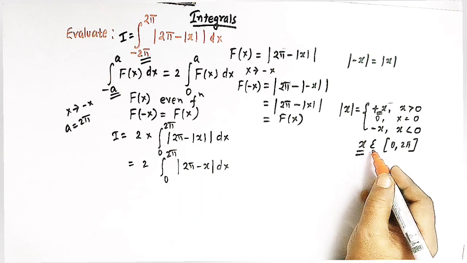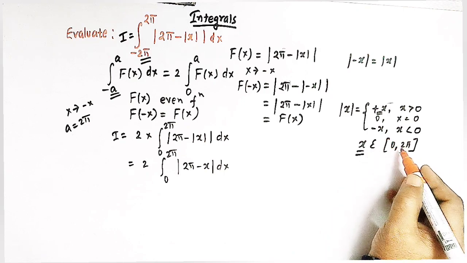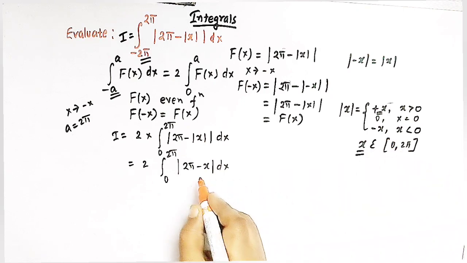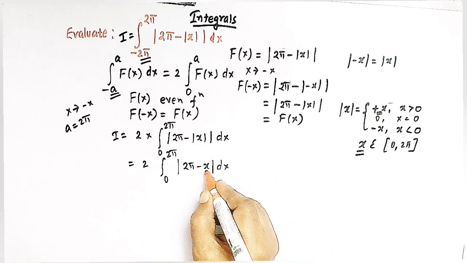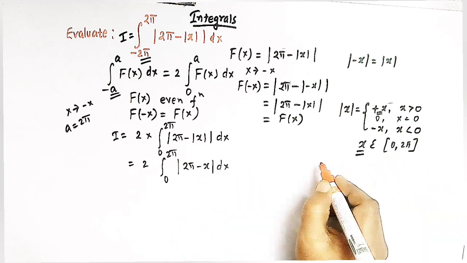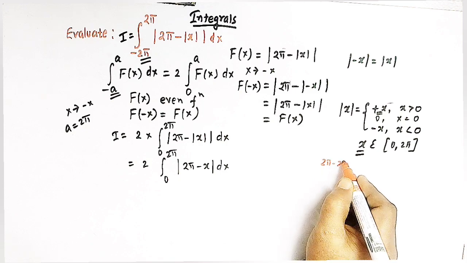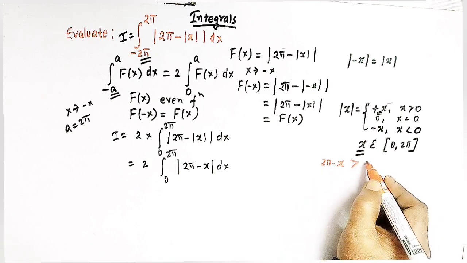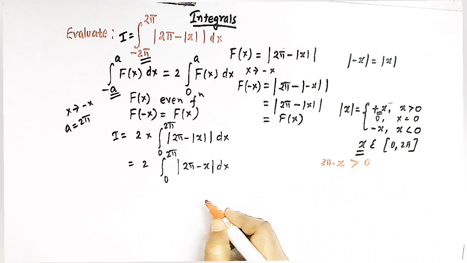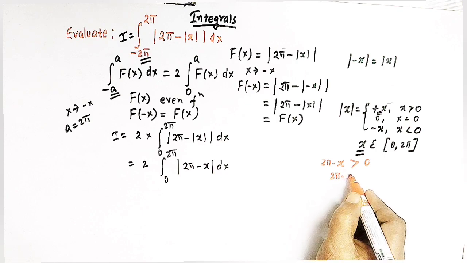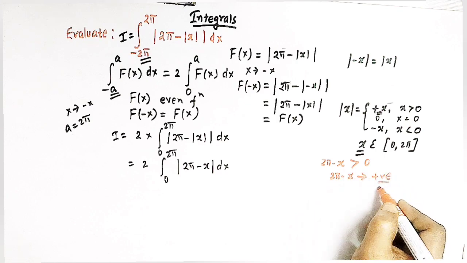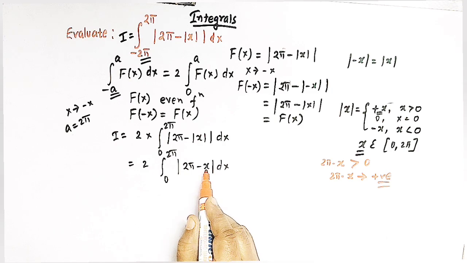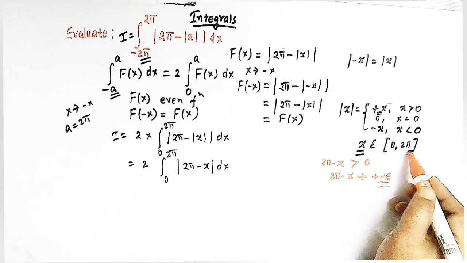Now see, x belongs to this interval, that is 0 to 2 pi, right? So whenever we take any value of x which belongs to this interval, then 2 pi minus x is always greater than 0, or in other words we can say that 2 pi minus x is a positive number for all values of x belonging to this interval.